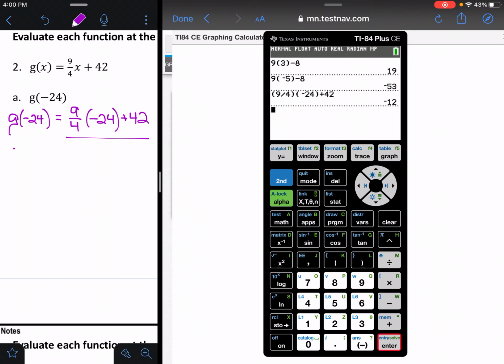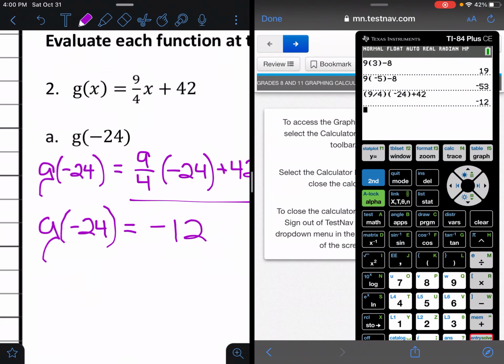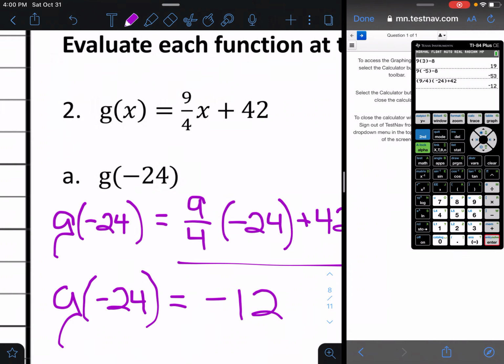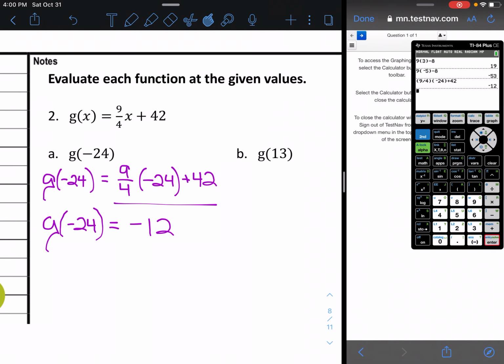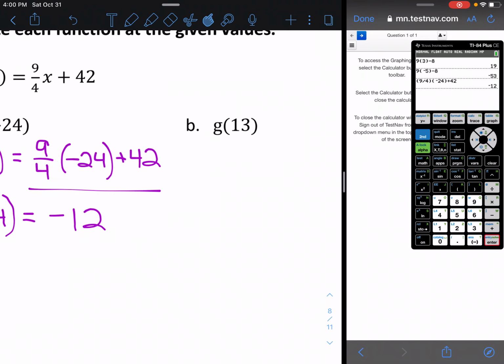So over here I'm going to write g of -24 equals -12. Okay. So that part's done. Make this a little smaller again. Okay, so now they also want us to find g of 13.